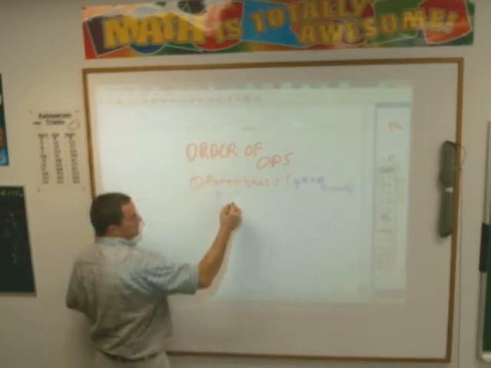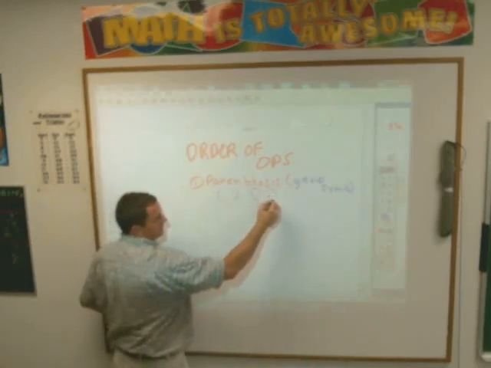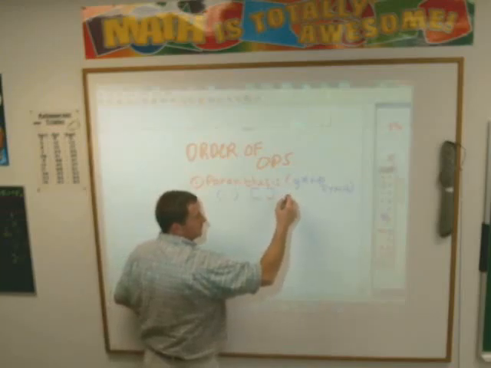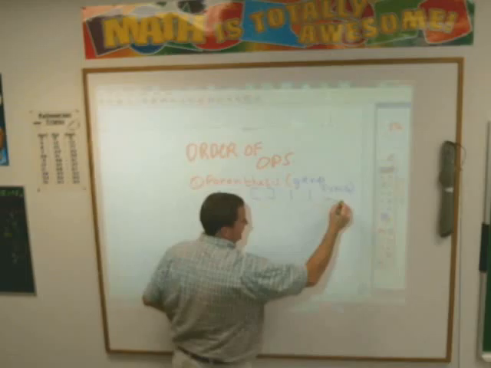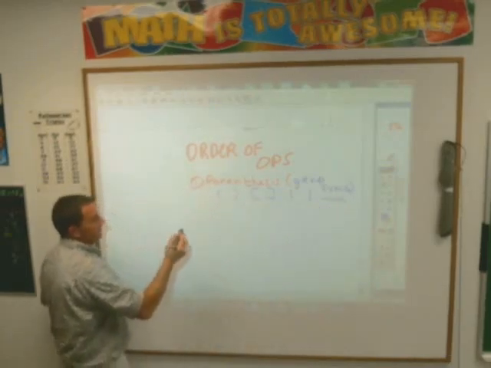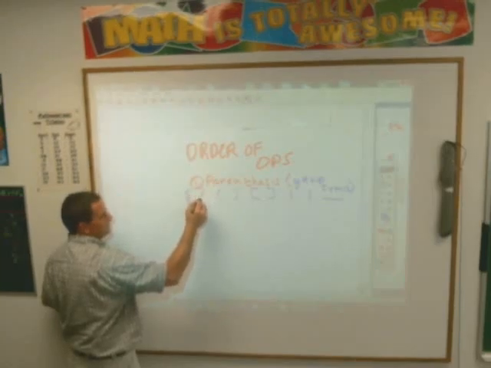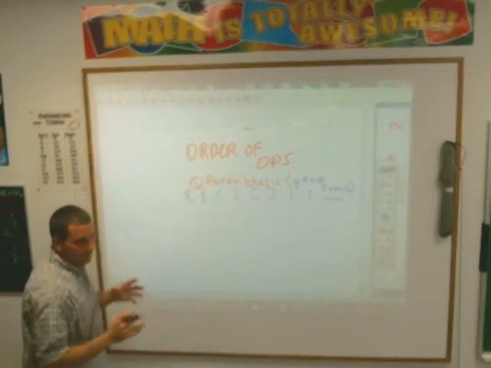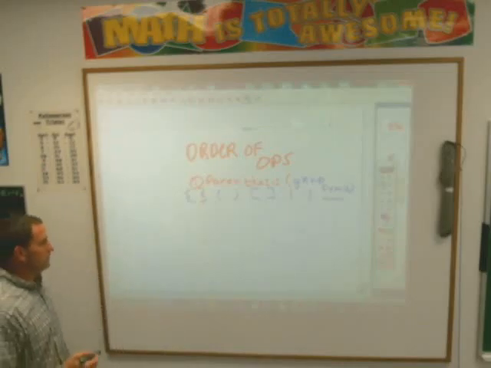Parentheses usually look like this, but other grouping symbols could be these brackets. Actually, a grouping symbol is the absolute value signs. A fraction line is also a grouping symbol, and my favorite of all is the brace. Those are all grouping symbols, and you have to work inside of those first as much as you can before you go do anything else.